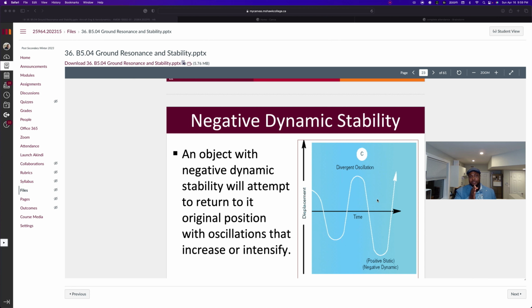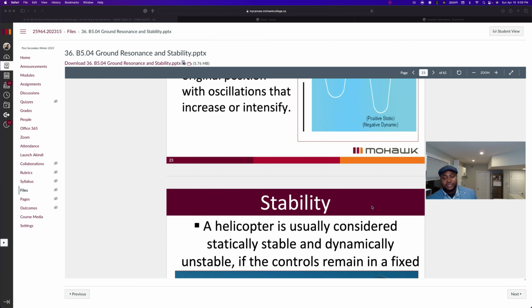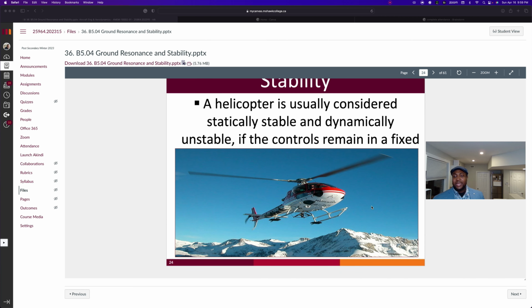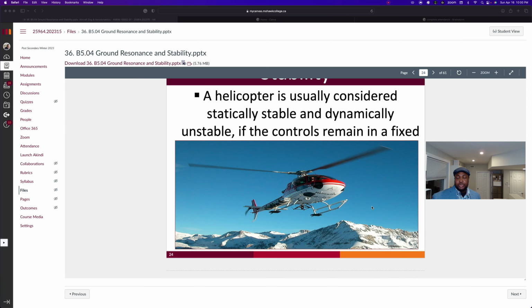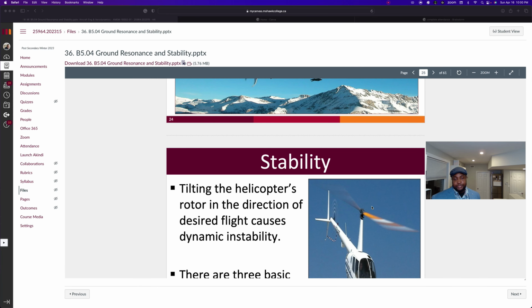So if the helicopter is disturbed in the yaw axis or the vertical axis, the tendency for that to grow over time and get worse, and need immediate intervention by the pilot, is what we term negative dynamic stability. A helicopter is usually considered statically stable and dynamically unstable if the controls remain in a fixed axis.